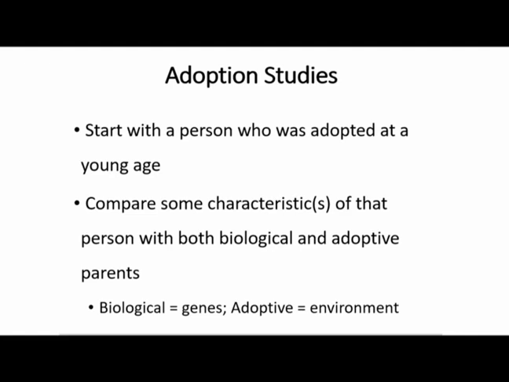Now, if we looked at Steve and his biological parents, so the people who gave birth to him, the people who he shares genetic material with, if both Steve and his biological parents have schizophrenia, then we can infer or assume that there is going to be a strong genetic component to that trait, because Steve and the biological parents share genes, but because they were separated when he was adopted, they don't share an environment.